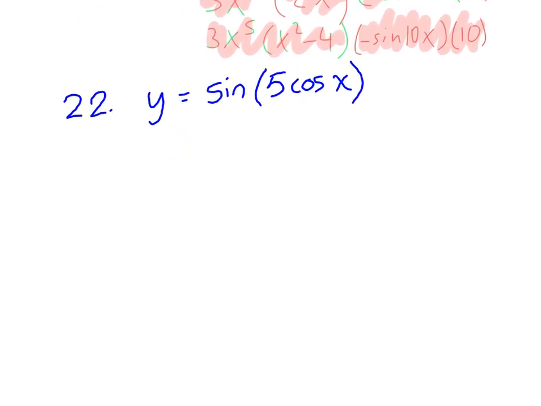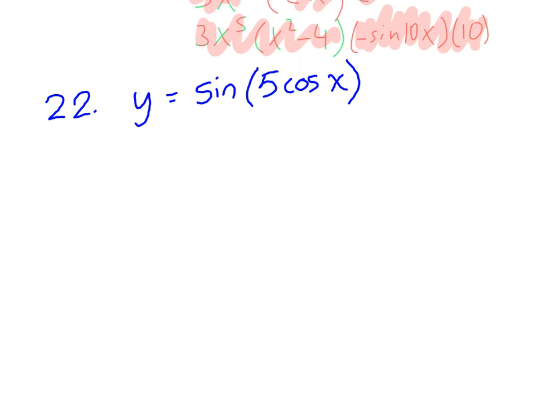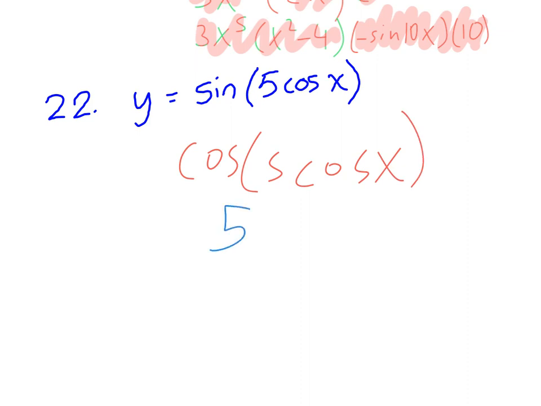This one should be, okay, that's actually not a product rule at all, so that's kind of confusing. That's just a chain rule. So that derivative, I'll just do it real quick, would be negative, not negative, let me erase that. That would be cosine of 5 cosine x times the derivative of the inside, which will be 5 sine of x, negative.